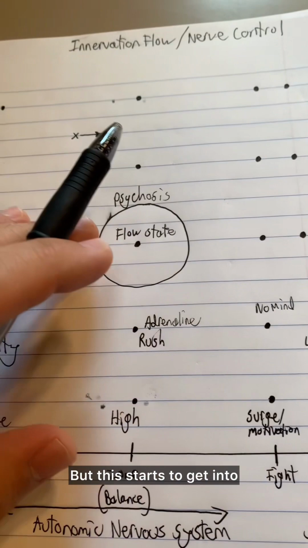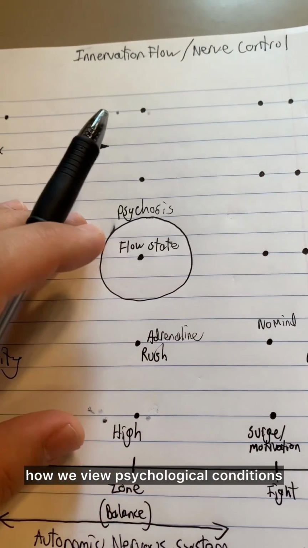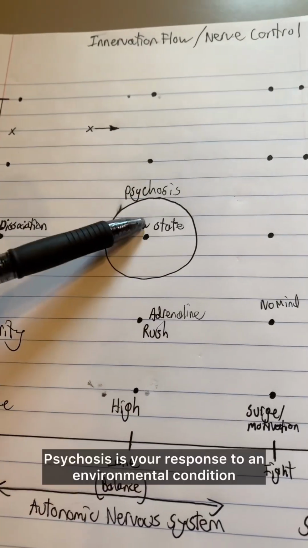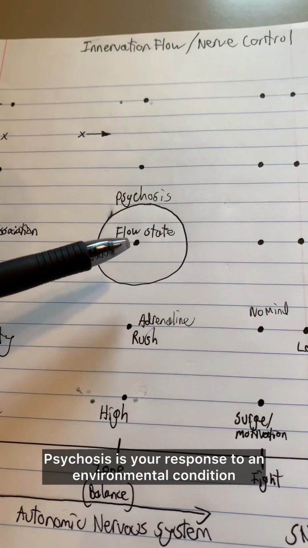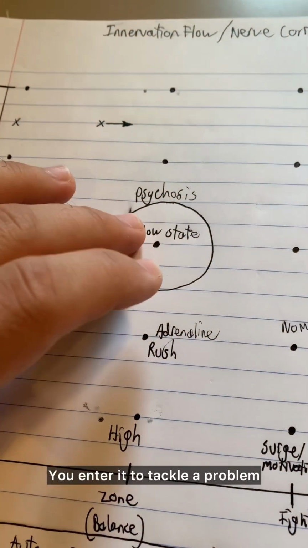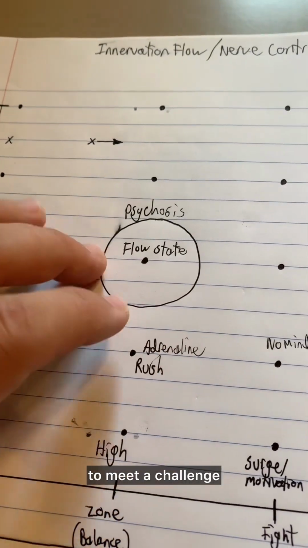But this starts to get into how we view psychology, psychological conditions and psychiatric disorders and whatnot. Psychosis is your response to an environmental condition or a situation. You enter it to tackle a problem, to overcome an obstacle, to meet a challenge.